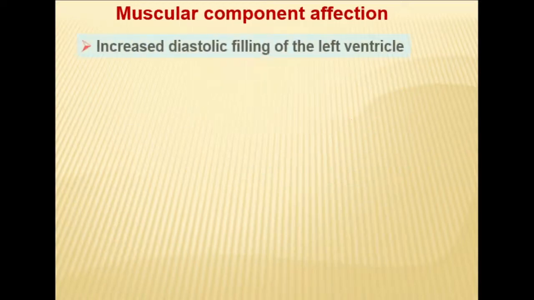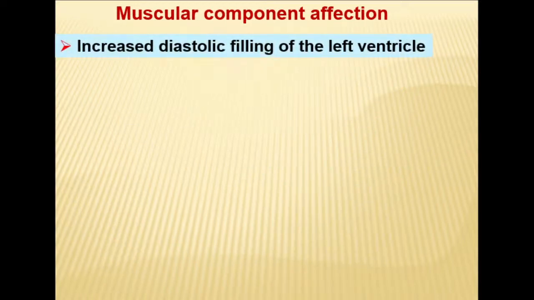Let's see what causes a disordered muscular component. First of all, when the left ventricle is overfilled with blood, we are talking about increased diastolic filling of the left ventricle, because of difficulty ejecting a large blood volume.